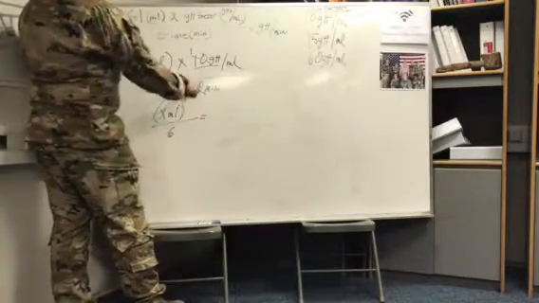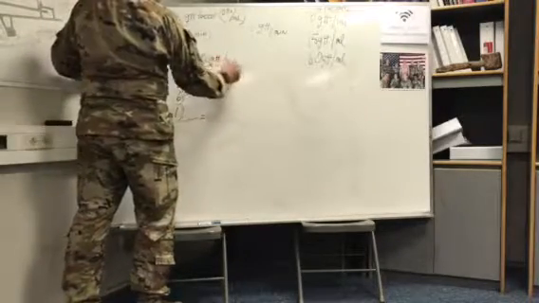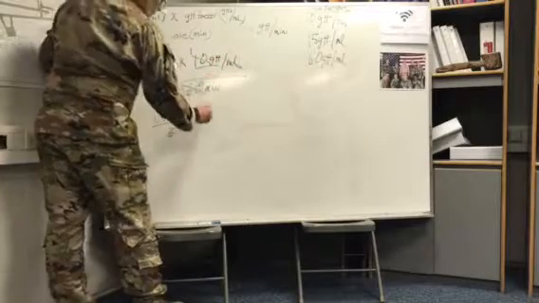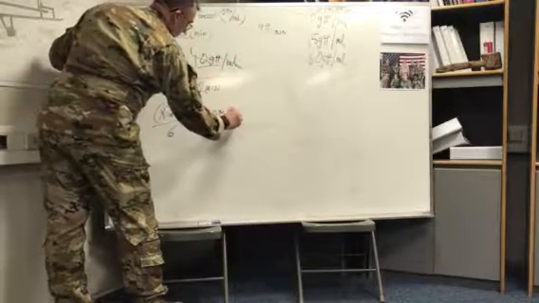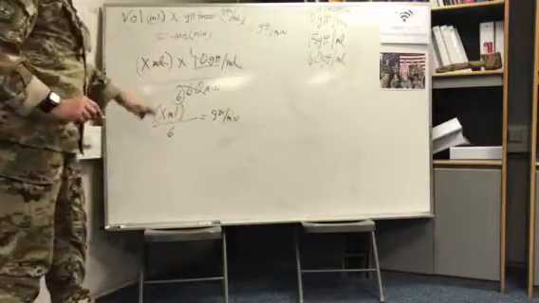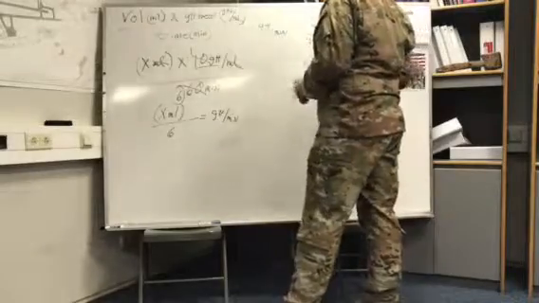And again, I still have to make sure my units cancel out. So milliliters cancel out, and I'm left with drops per minute. So a 10 drop set, the magic number is 6.